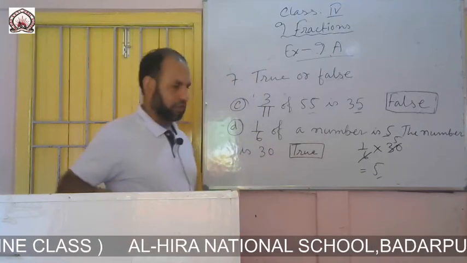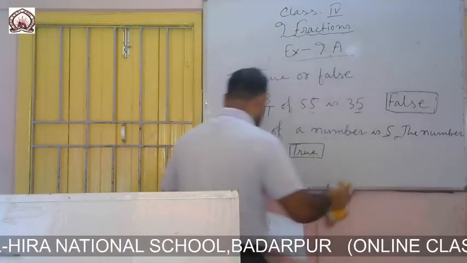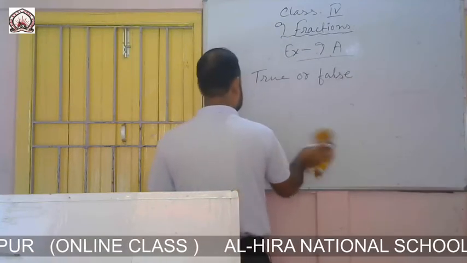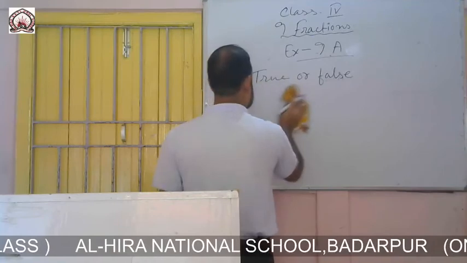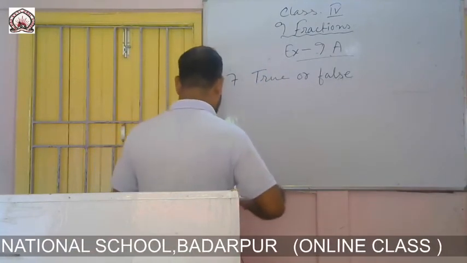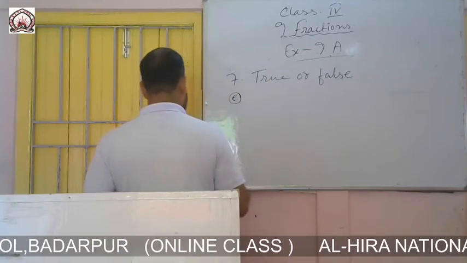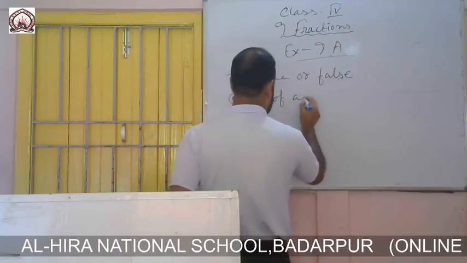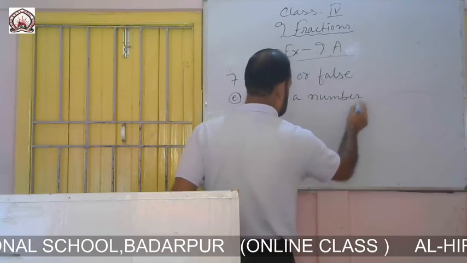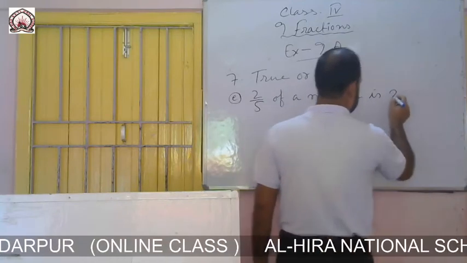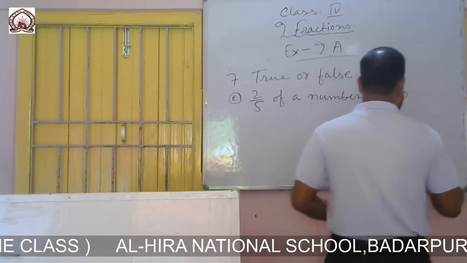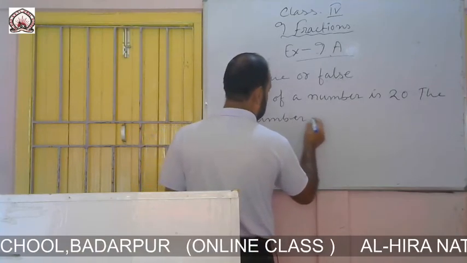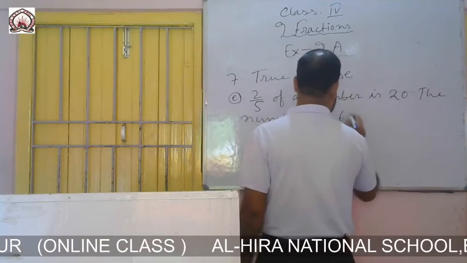This statement is true. Next, question number E. 2 by 5 of a number is 20. The number is 65.